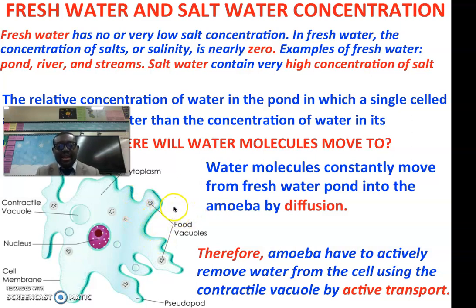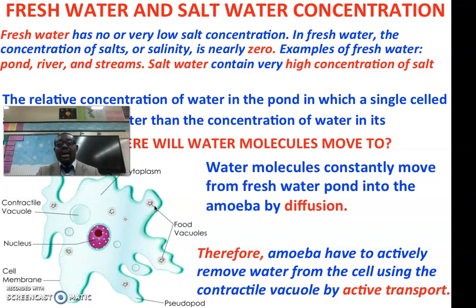So in this case, the amoeba will constantly gain water. And if the amoeba doesn't do anything about the water which is constantly entering the cell, the amoeba cell will swell, and because it's an animal cell, it doesn't have a cell wall. The amoeba cell will eventually burst. The cell will break, and the amoeba cell will die.